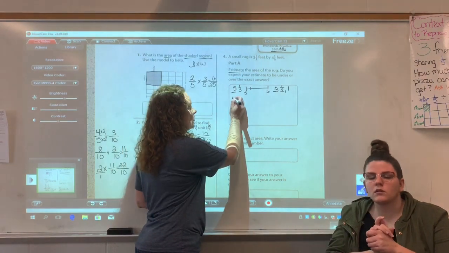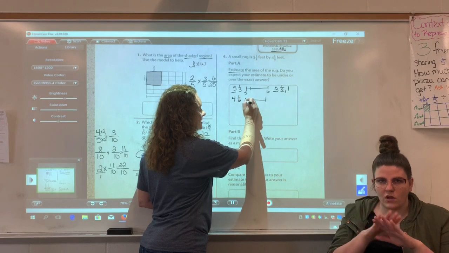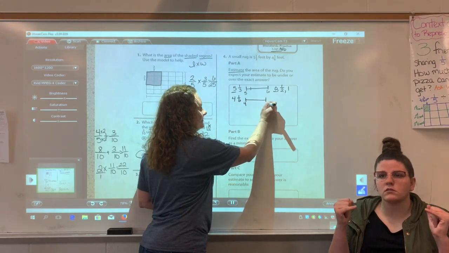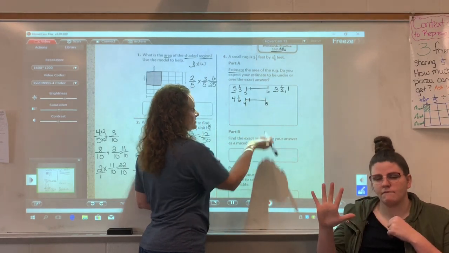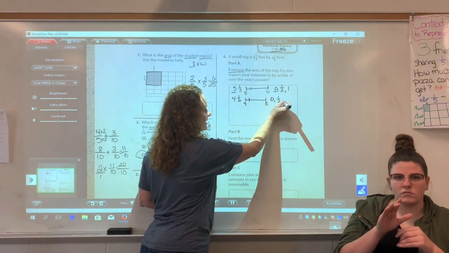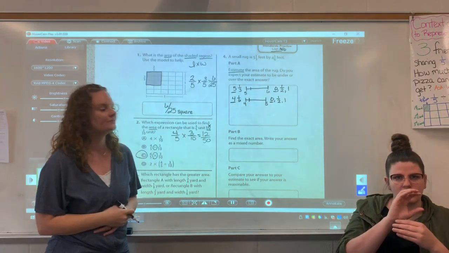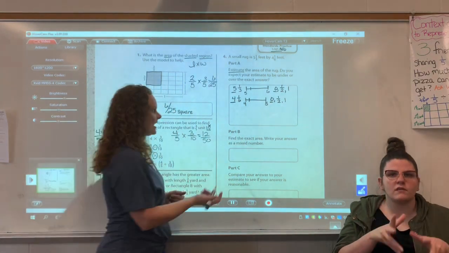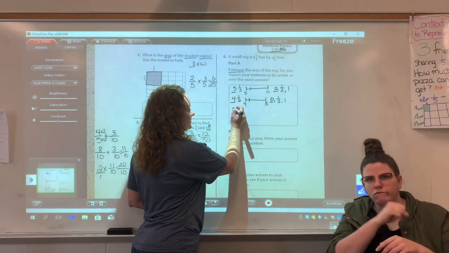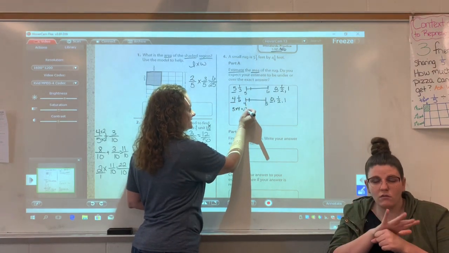Now, if I take the 4 and 1/6 and place it on a number line, it would be between a 4 and a 5, and it would be down here as well. If I compare it to my 0, 1/2 and 1, it is closer to the 0, so I'm going to keep it at 4. So if I'm estimating, I would say that 5 times 4, because it's area, equals 20.